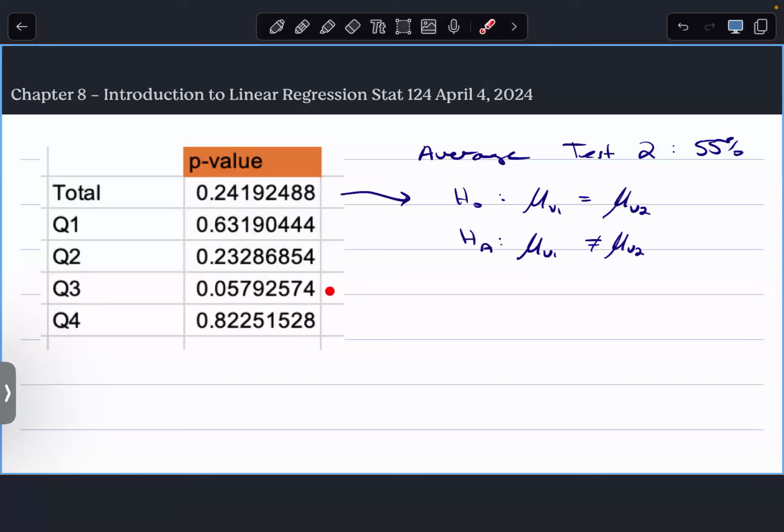Where do I get into some deep waters? For some reason on question 3, we're kind of close to having a significant difference. Now, this is a nice opportunity to bring up, if you just do a bunch of tests, right? Sometimes just by random chance alone, you will reject the null hypothesis when you shouldn't. I'm not concerned about this, because overall, a p-value of 0.822, they're basically the same.